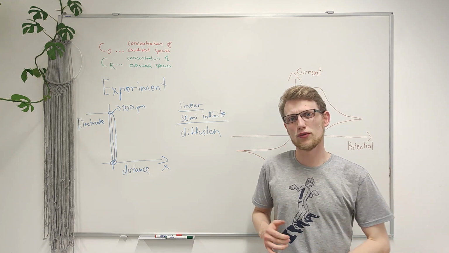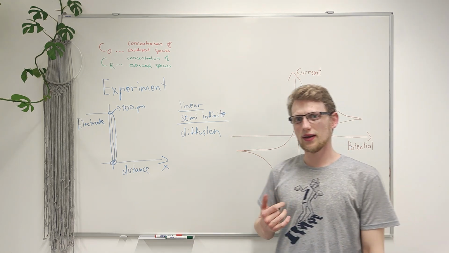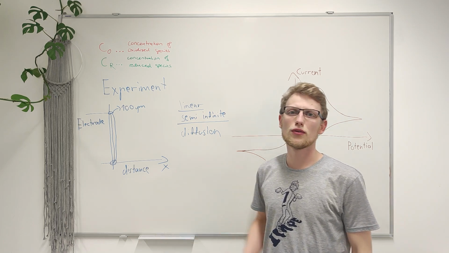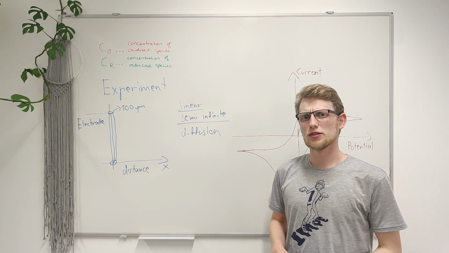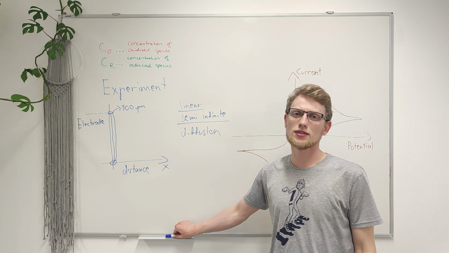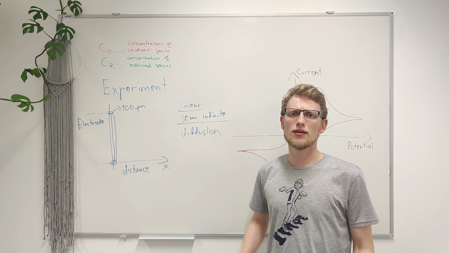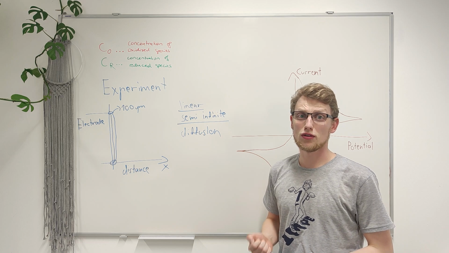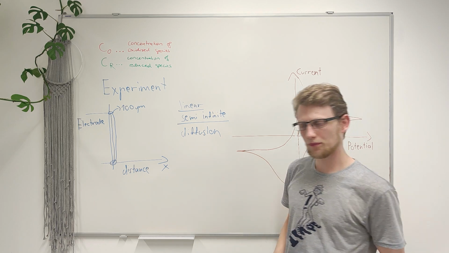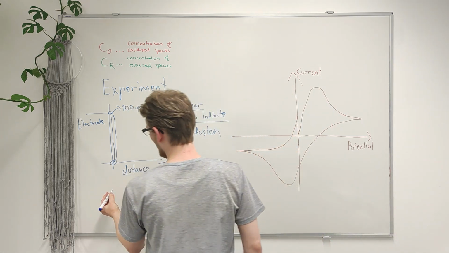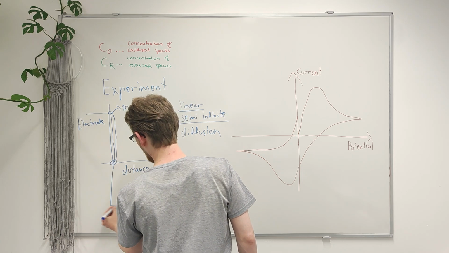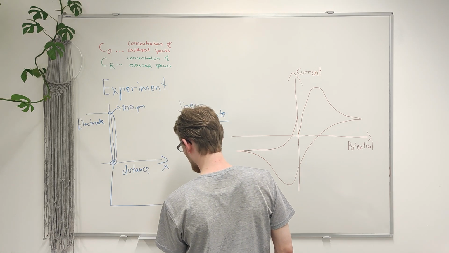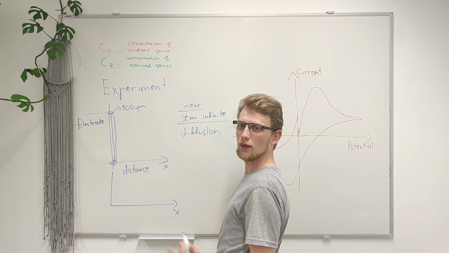And we also have to consider what's actually in our solution. We have two redox active species, one reduced and one oxidized species, and we have to consider the concentration of both. Let's depict it in dependence of the distance x that we already know.